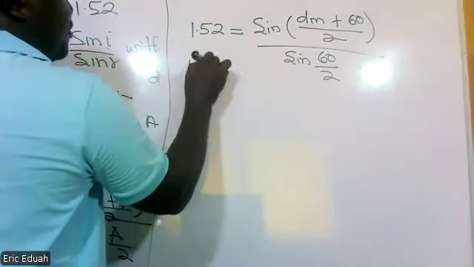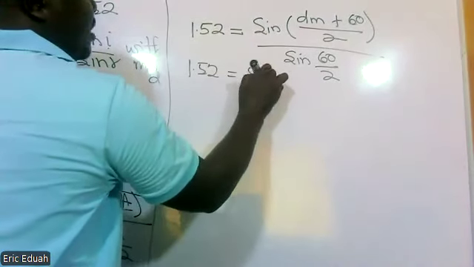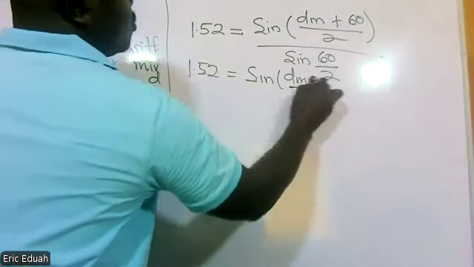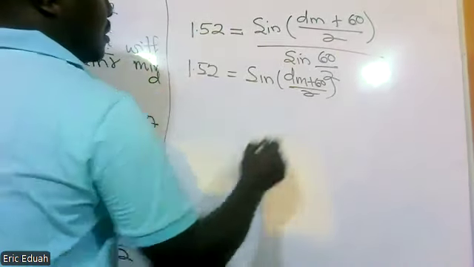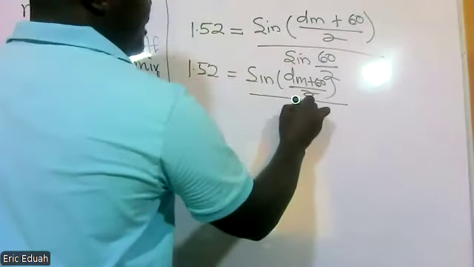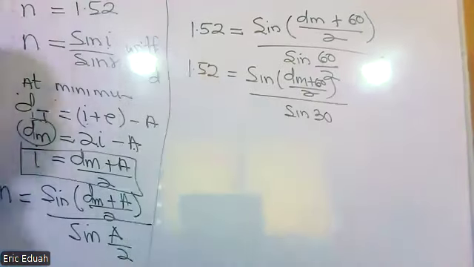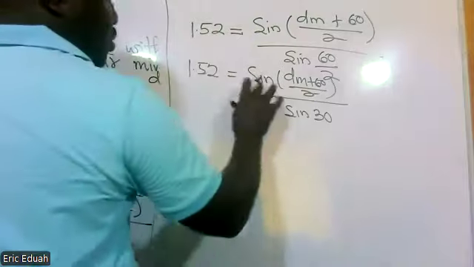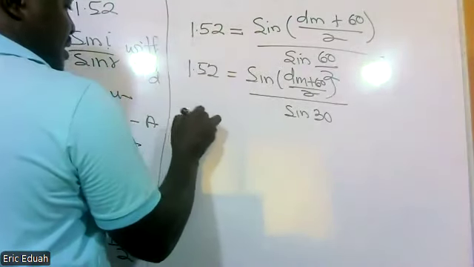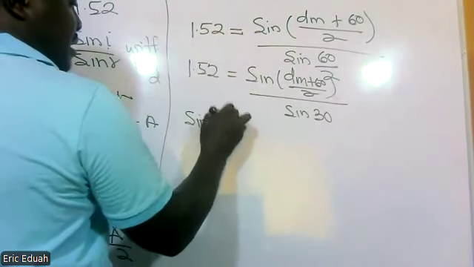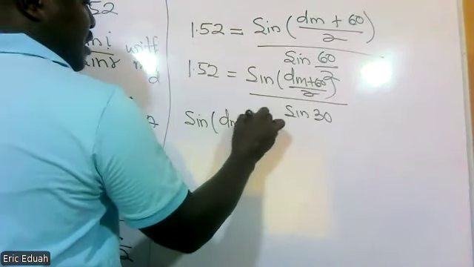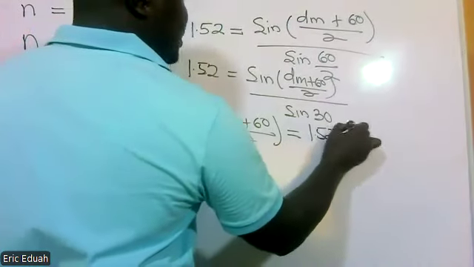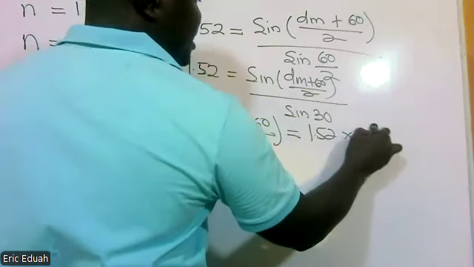So 1.52 is equal to sine of (dm plus 60 on 2) divided by sine of 30. It brings us back to what we were using earlier. So if you make this the subject, you have sine of (dm plus 60) all on 2 equal to 1.52 times sine 30, which is 0.5.